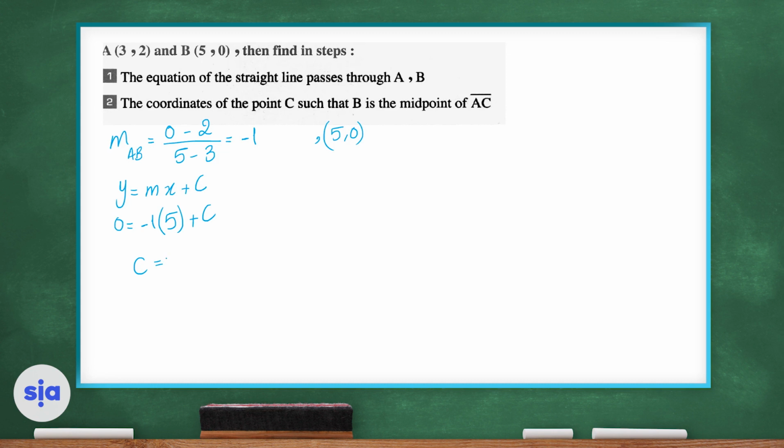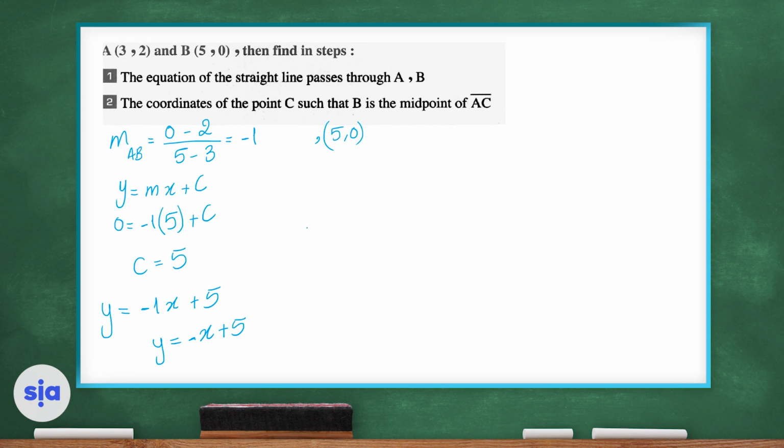So c equals 5. Now we have m and we have c. We can now easily find the equation. So the equation is y equals mx plus c, which we can rewrite as y equals negative x plus 5.